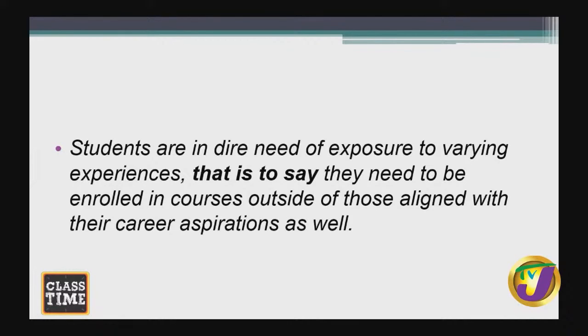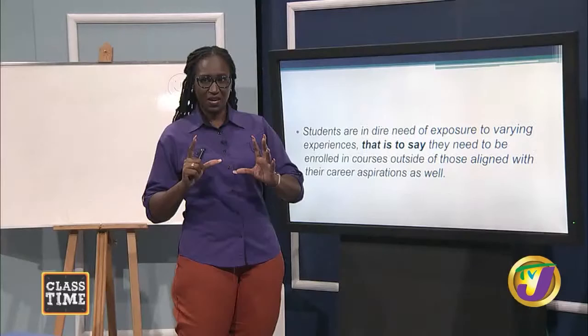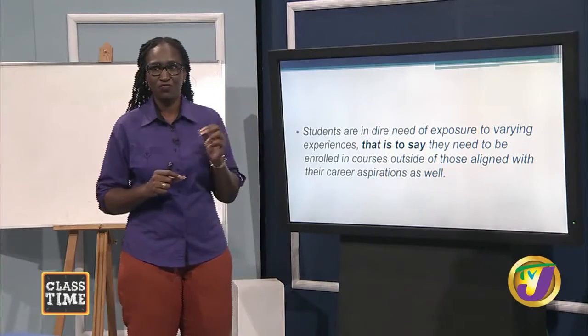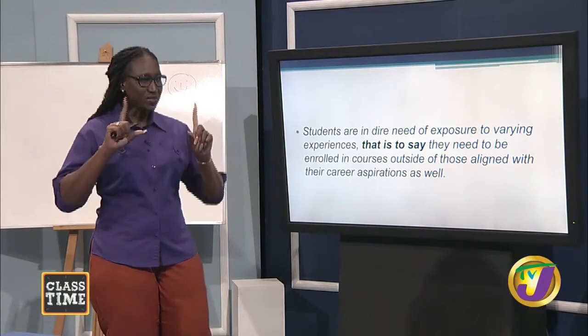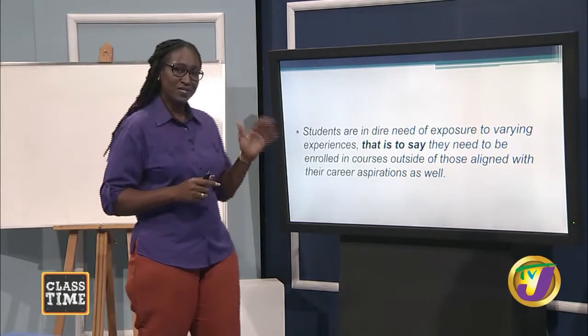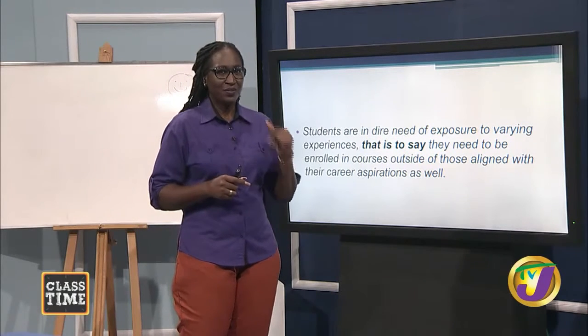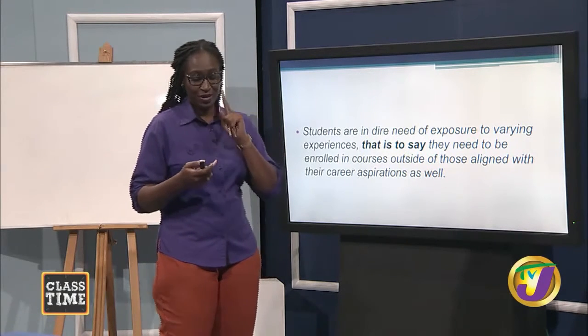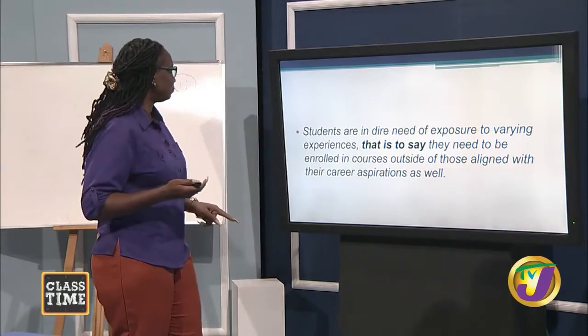What is it linking? What idea is transitioning through that statement? Students are in dire need of exposure to varying experiences. That is to say, they need to be enrolled in courses outside of those aligned with their career paths. You have the answer. I know you do. And this is it.